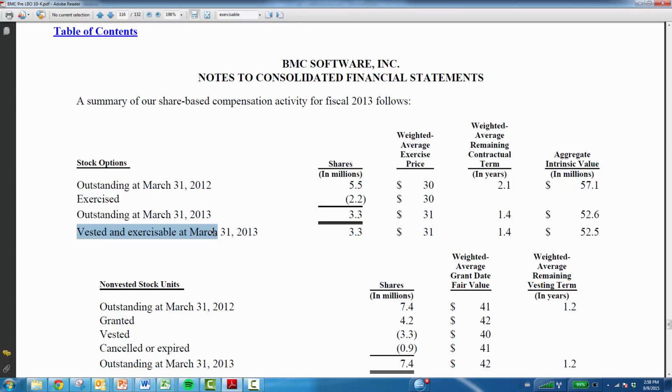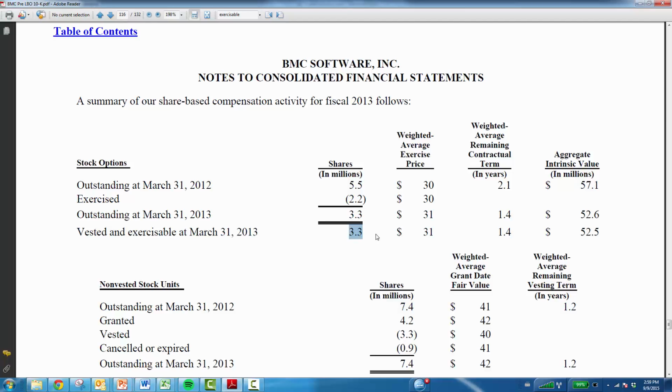So in this case, it's a moot point because all of their options are already vested and exercisable. But certainly if there was a difference, we would take the outstanding batch as opposed to just the vested and exercisable. That's a distinct approach from what you would do if you were looking at a standalone valuation, where you don't assume some acquisition that would trigger the auto vest. So we have 3.3 million.